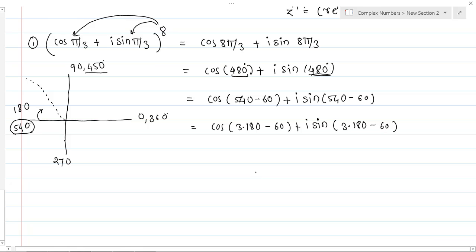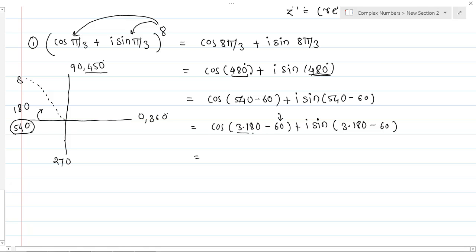Now tell me, in the second quadrant, is cos positive or negative? All Students Take Care. Sin is positive, cos is negative. So cos has to be negative. And what is our standard angle? The standard angle is 60 degree.